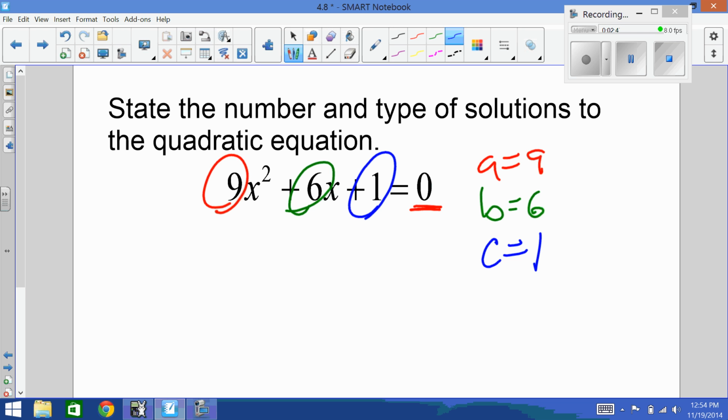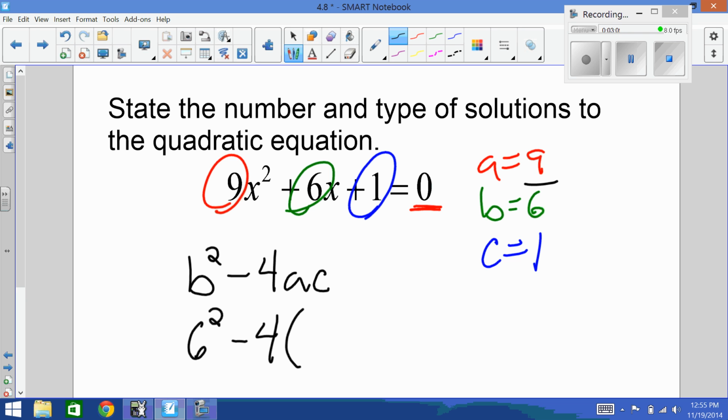So now we're going to apply the discriminant. You want to do b squared minus 4ac. That's the only thing we're doing. So b is 6, so we're going to do 6 squared minus 4 times a, which is 9, times c, which is 1.